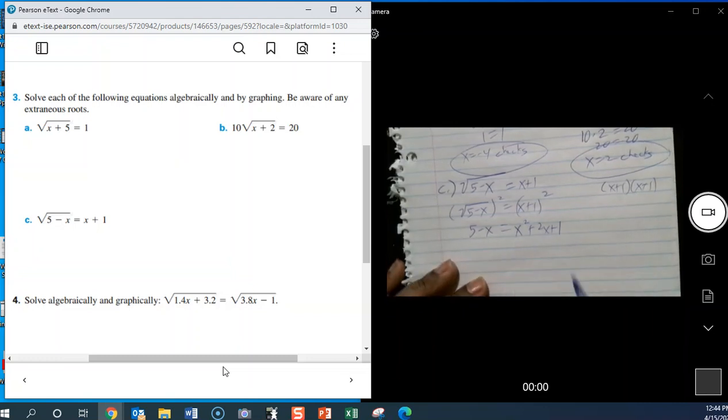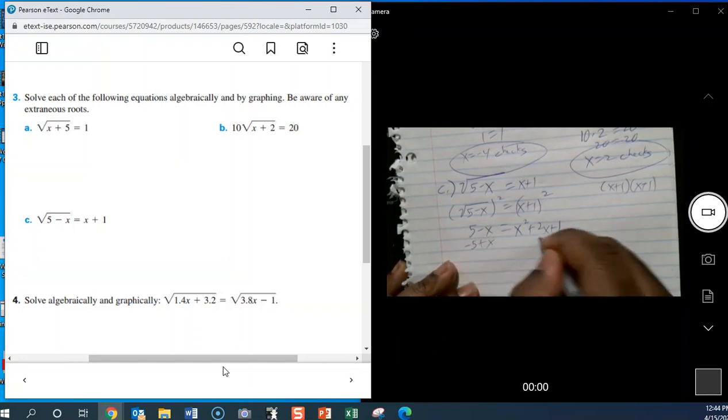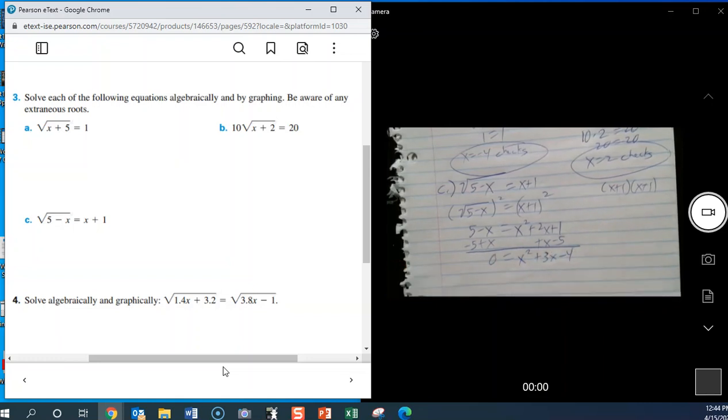So we need to get everything on one side, so we can add x and subtract 5 on both sides. So it'd be 0 is equal to x squared plus 3x minus 4. Now, this does factor.